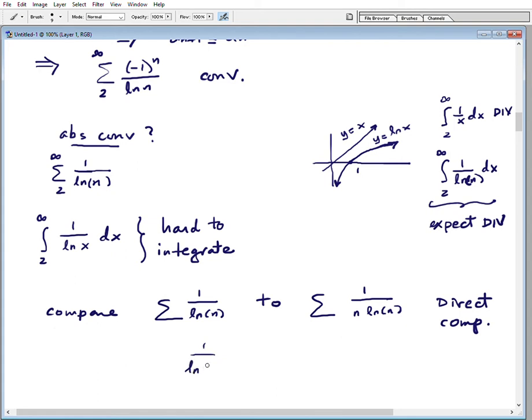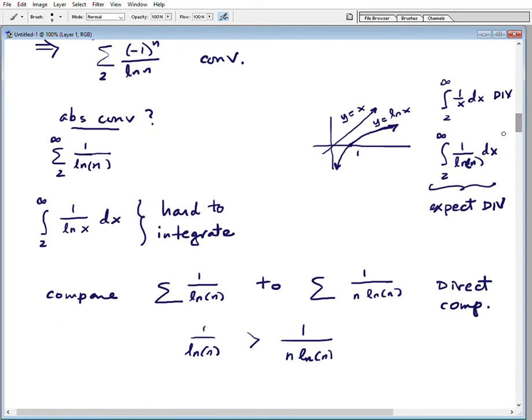Because of this n in the denominator that's missing in this denominator, these denominators are bigger. This has a larger denominator than this one, so this fraction is definitely smaller than this one. So if this thing diverges by direct comparison, so will this.